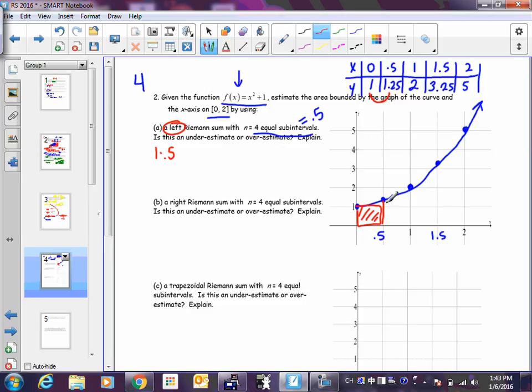Okay, what about the second rectangle? If we pick the left number, what would that height be? 1.25. So remember, we're going to be adding these up. So we're going to multiply 1.25 by 0.5 again, because that's the base of this rectangle. We're just finding area, base times height of the rectangles. And we just keep going.